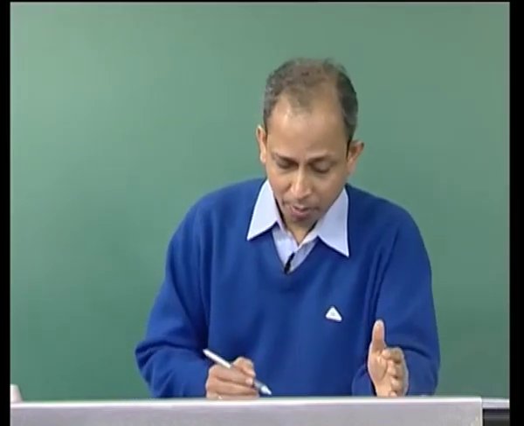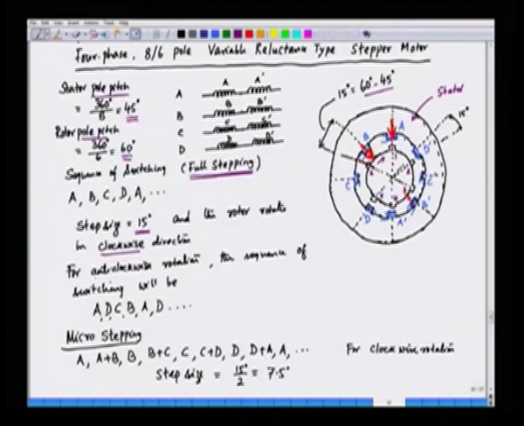So, for the anticlockwise rotation, we switch on A here, and then we switch D. D and D prime are series connected, and we will be switching D. And when we switch D, let us say that the MMF is along phase D, and the direction of MMF does not really matter.